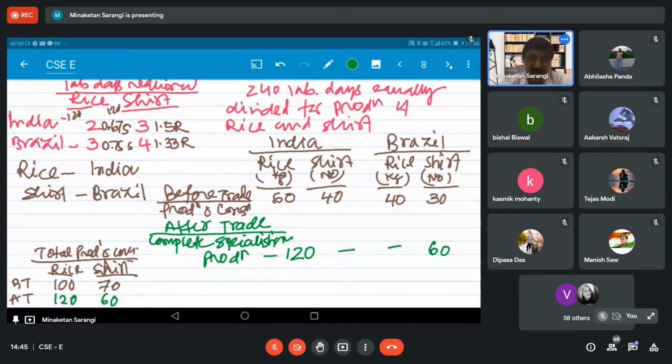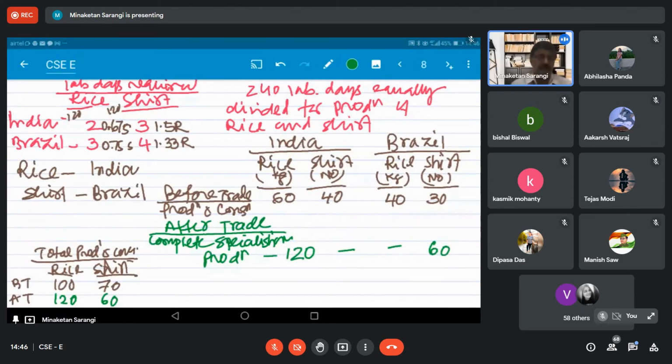But India requires minimum 40 sats. So India will not agree that I will purchase only 30 sats. I require 40 sats. If you give me 40 sats, then I will give you the rice. So here, complete specialization will not solve.